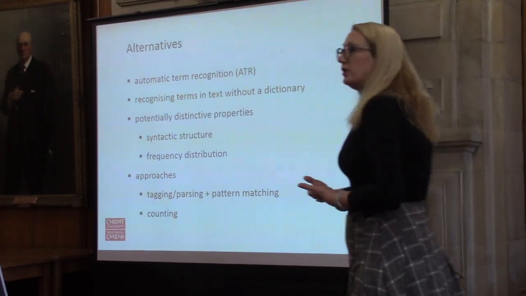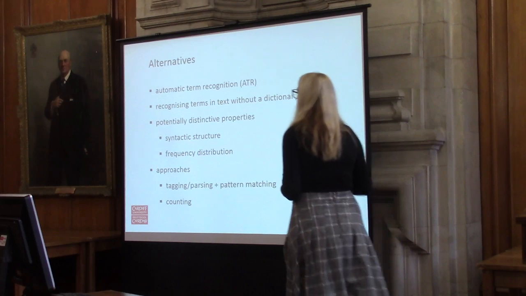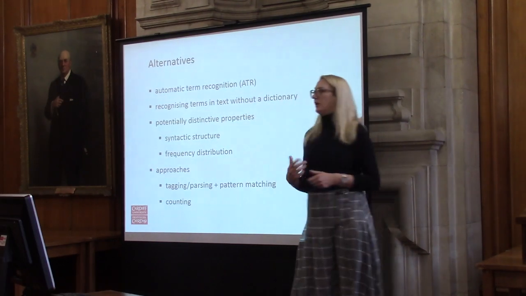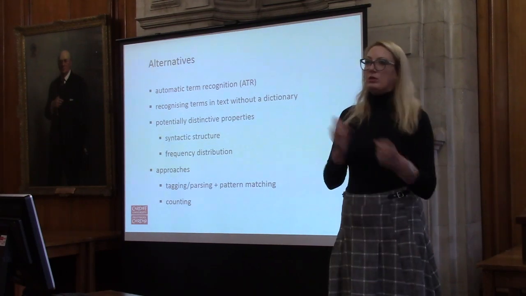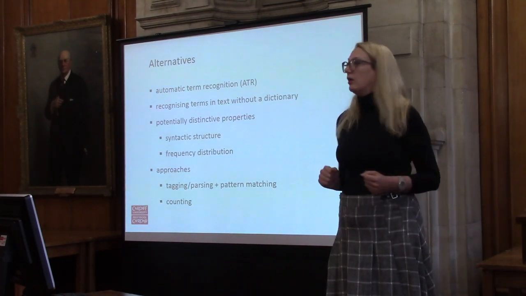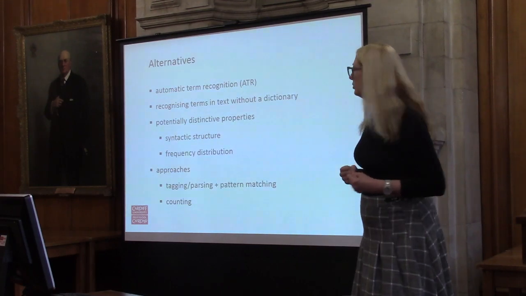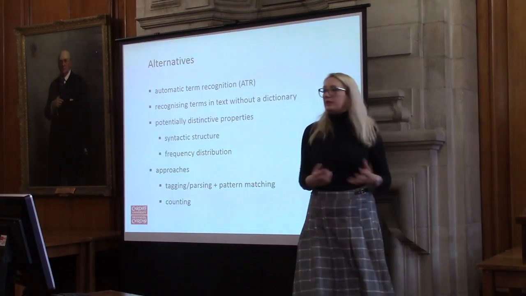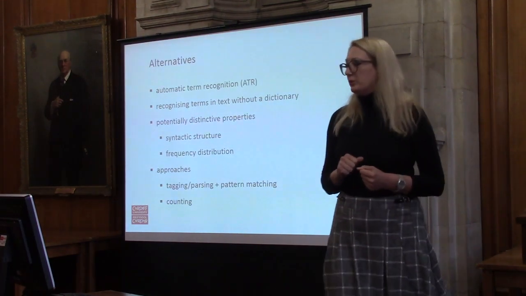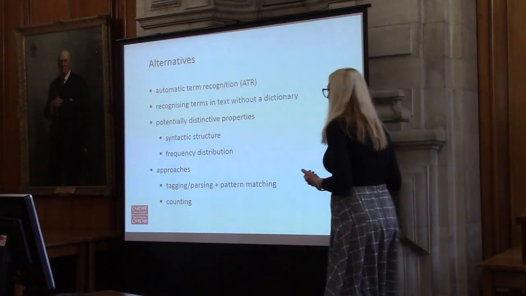We can explore their syntactic structure, the way in which the words are combined, or frequency distribution, how often they are mentioned. Usually when you talk about deep learning, you will keep referring to, say, recurrent neural networks. So that's going to be mentioned many times in text. So you can rely on either linguistic properties or some statistical properties of multi-word expressions. So based on this, we can come up with two approaches.